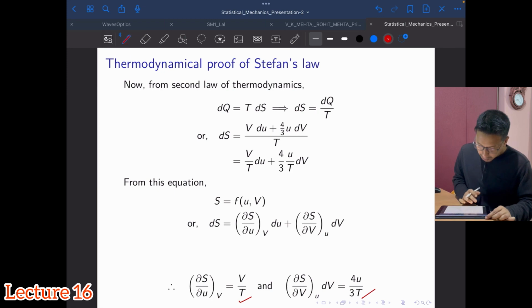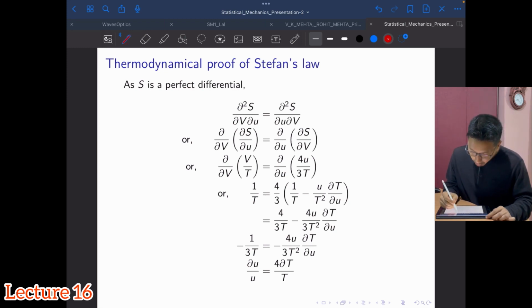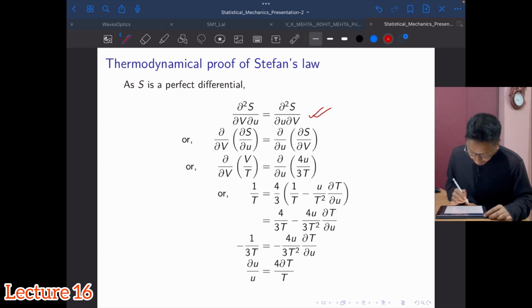Now, as I said, the entropy function s is a perfect differential, so this expression holds good. This is the second order partial derivative: del by del v of del s by del u equals del by del u of del s by del v.